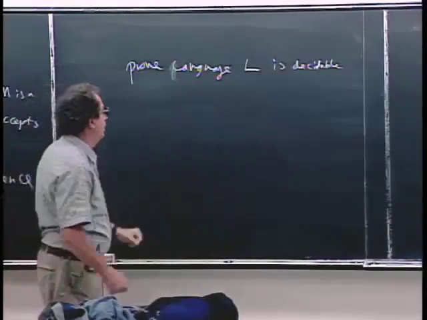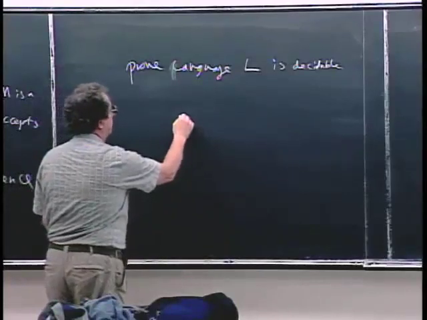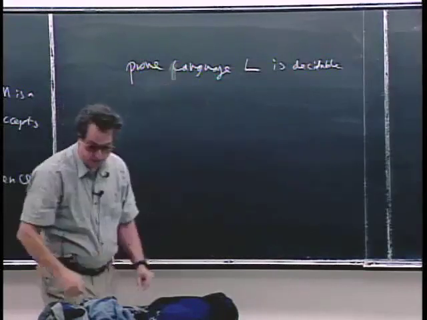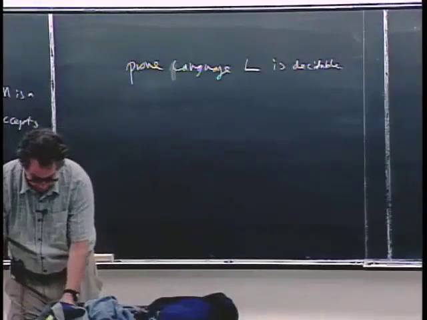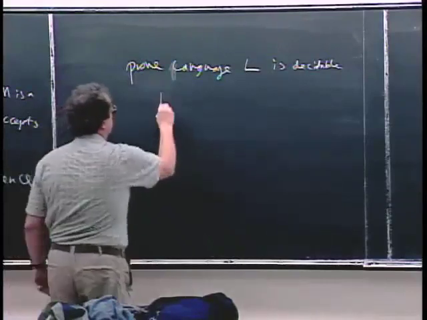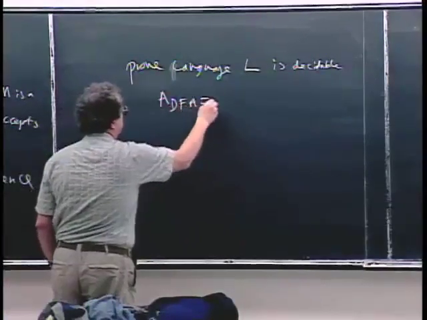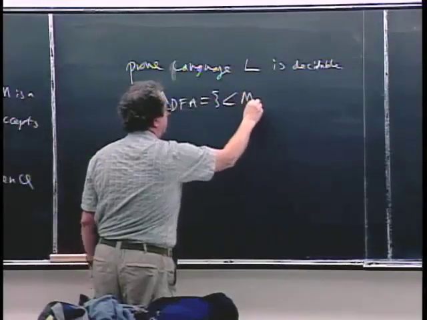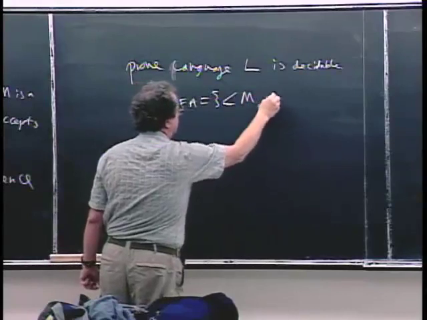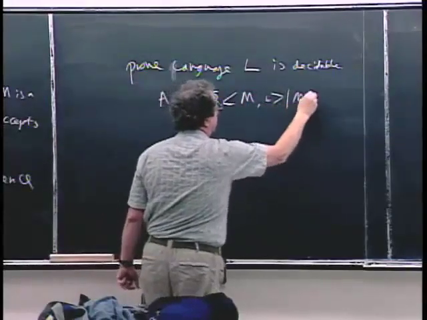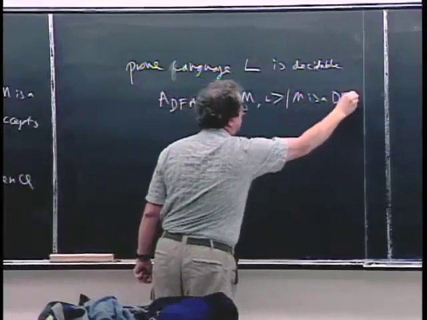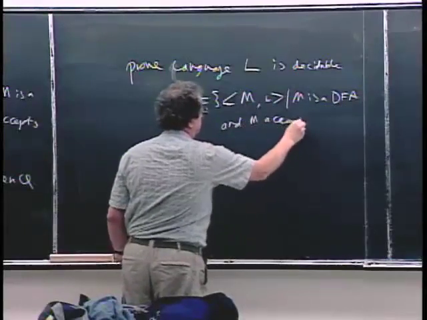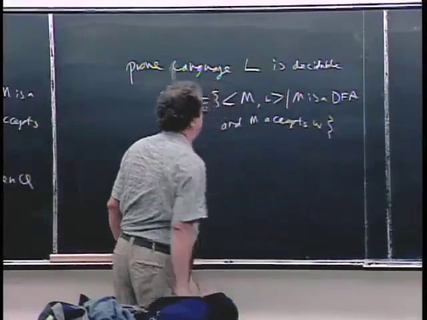Okay, so let's actually take A_DFA. A_DFA is the set of pairs M, W such that M is a DFA and M accepts W. Okay?